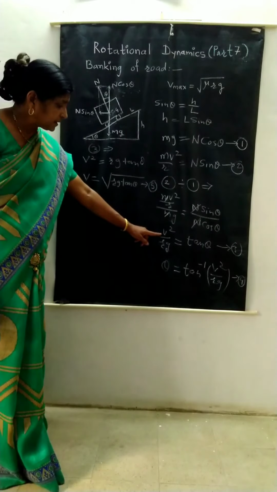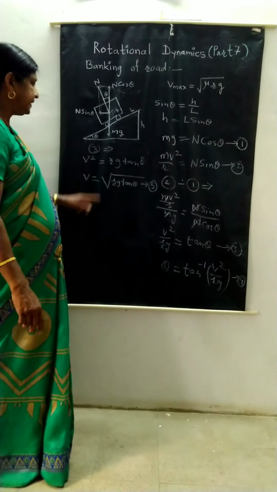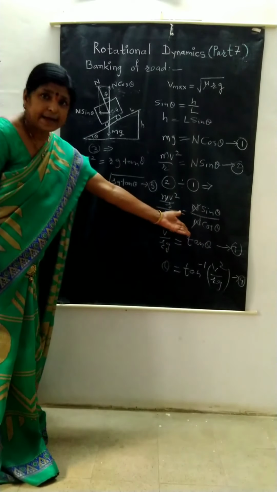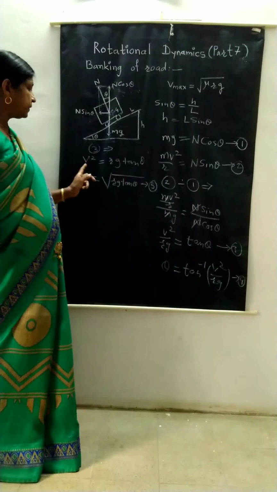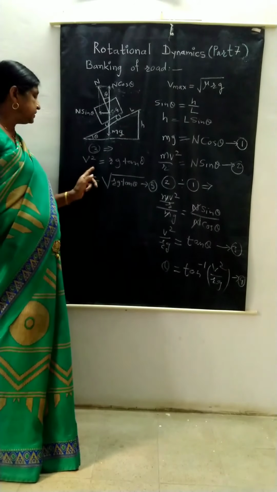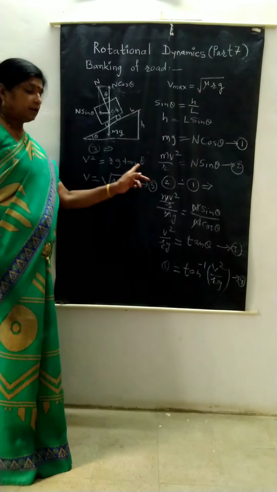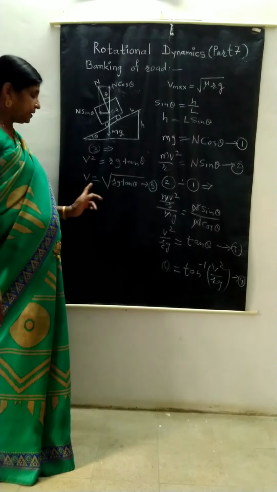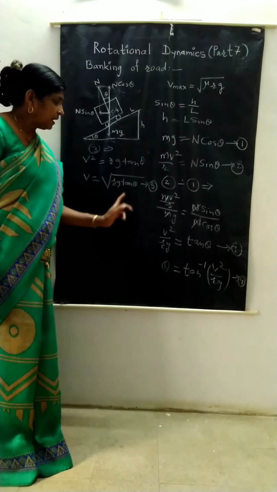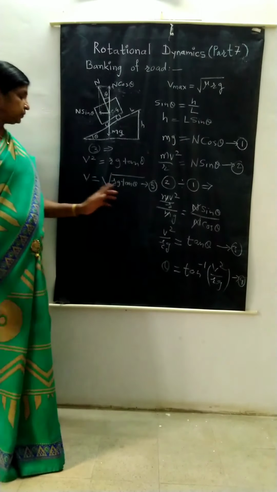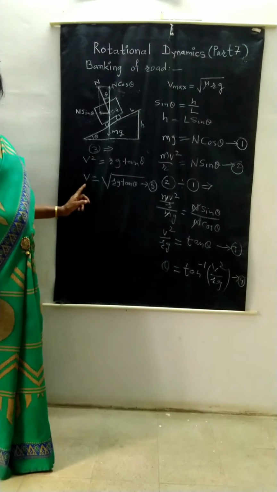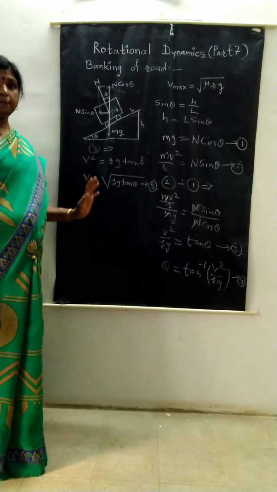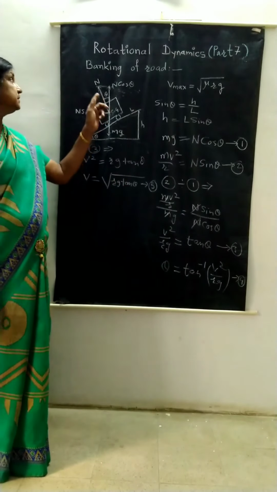So from equation 3, v square is equal to rg tan theta. Taking the square root, v is equal to under root of rg tan theta. So this equation number 5 gives us the safe speed in order to drive the vehicle on this bank road.